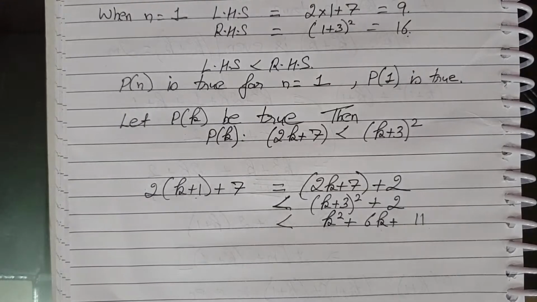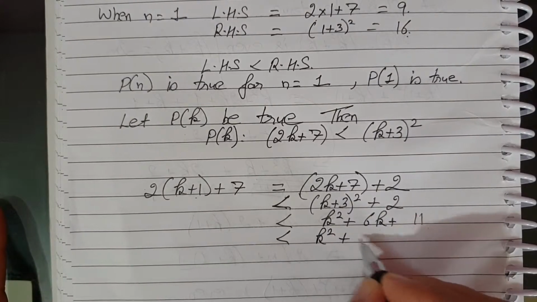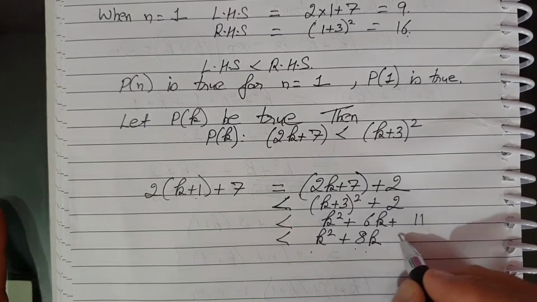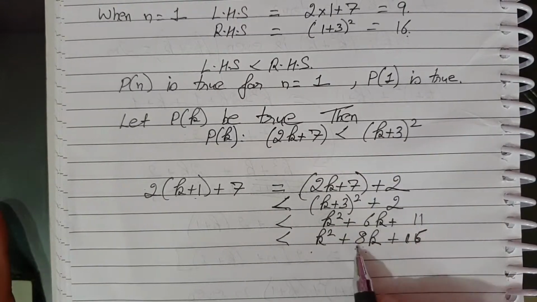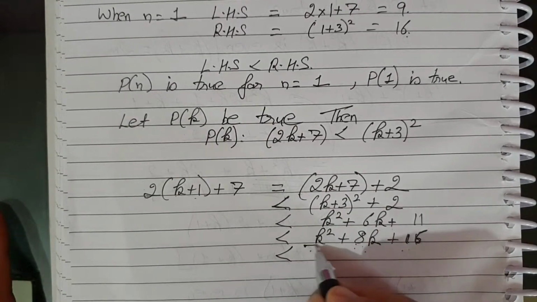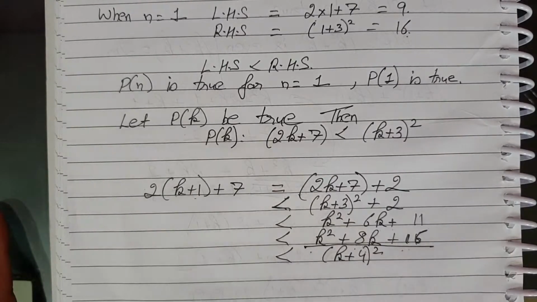Now see, the next step that I am doing is important. So this is also less than, if I write k square plus 8k, means in this I have added 2k plus 5, which will be less than this. Now why have I done this? Because this thing is actually (k plus 4) whole square.